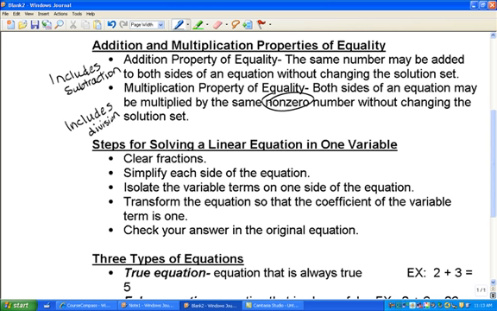The steps for solving a linear equation in one variable. First of all, we suggest that you clear fractions.